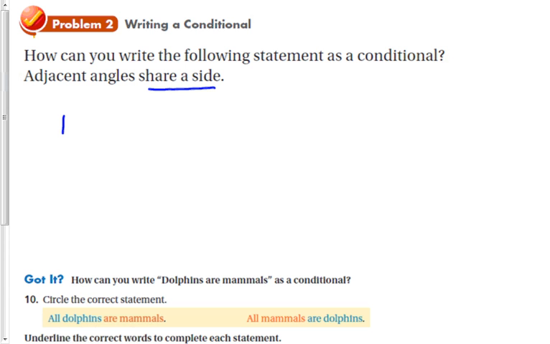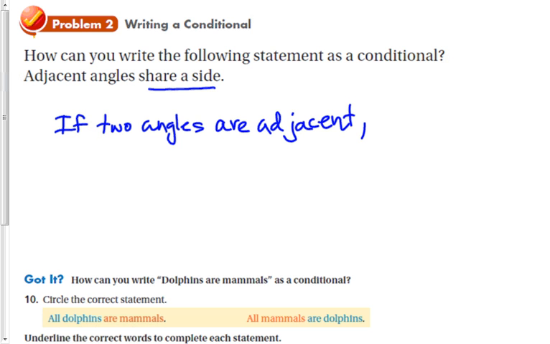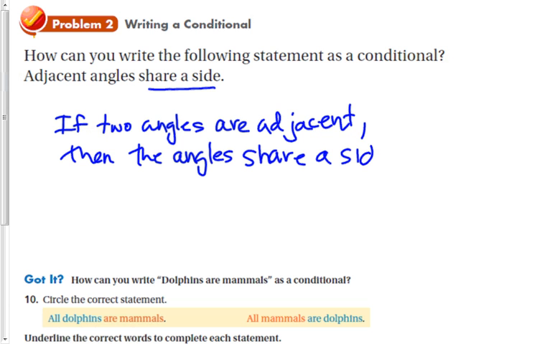So if, and I'm going to add the word 2 here, if 2 angles are adjacent, then the 2 angles share a side. All right, I'll let you try that.